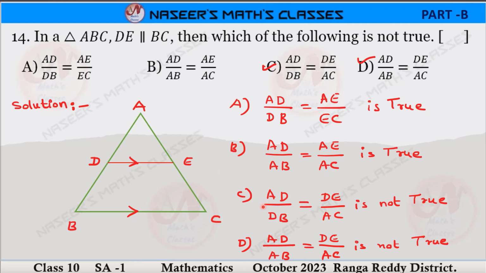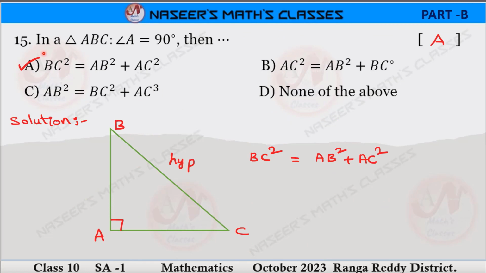Next, C, AD by DB is equal to DE by AC. This is not true because DE by AC are not the corresponding sides. Next, D, AD by AB is equal to DE by AC. Here also DE by AC is not the corresponding sides ratio. So option C and option D are the not true statements.